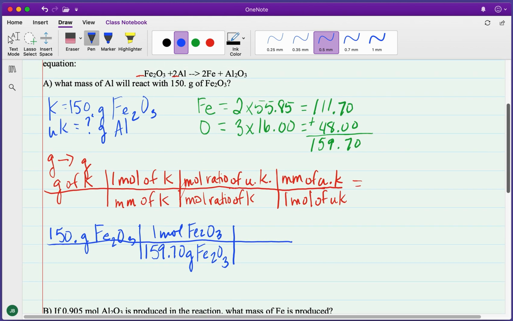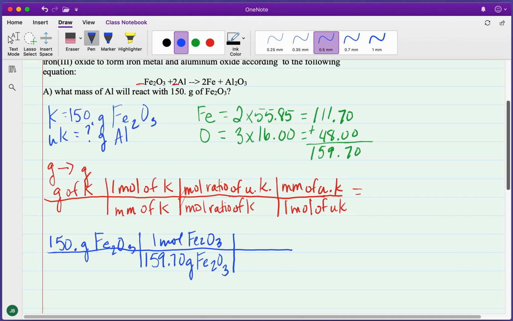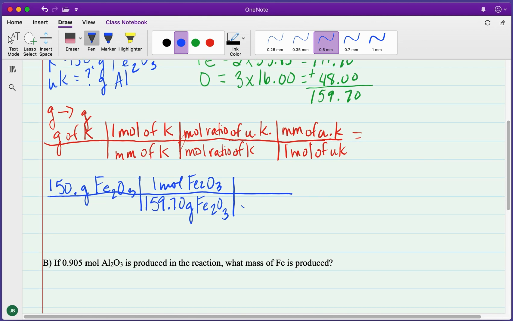So let me go back up to my equation. So I'm going to have a 1 for the iron and a 2 for the aluminum.